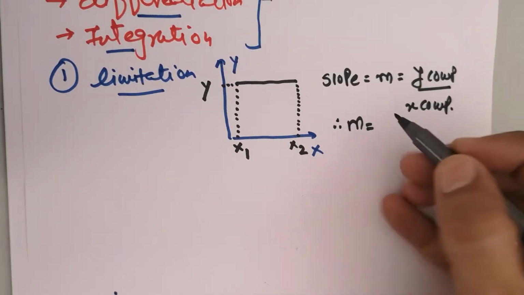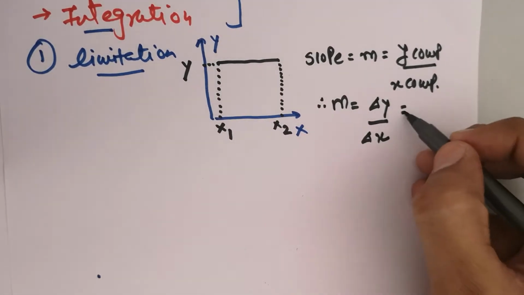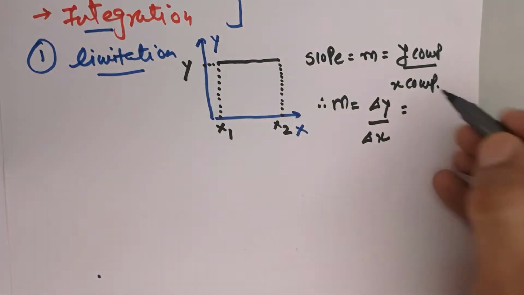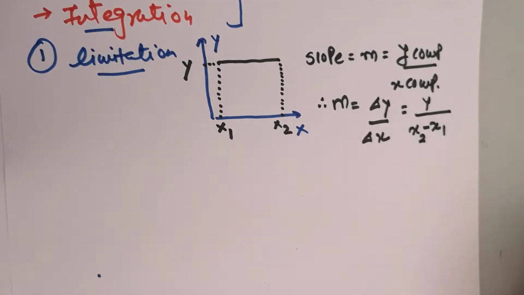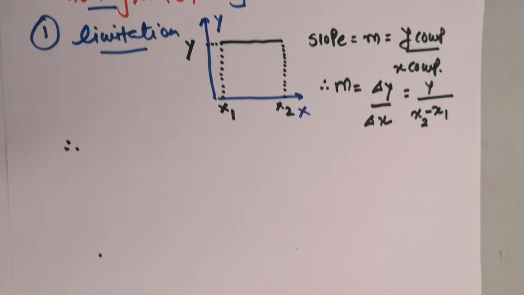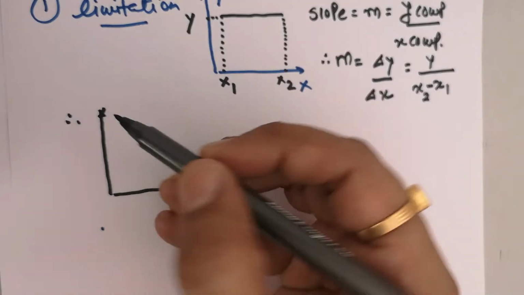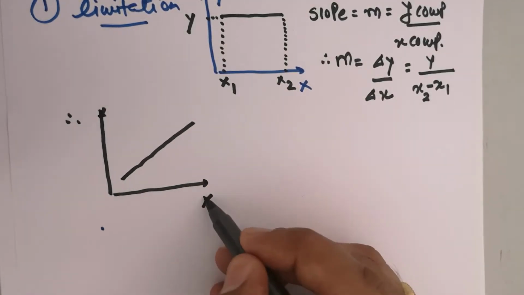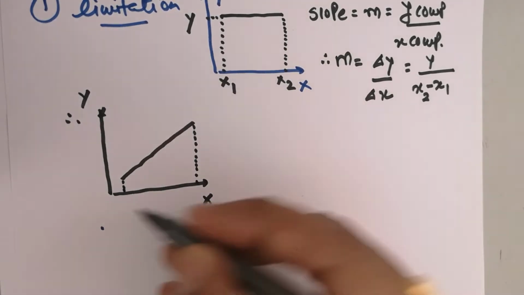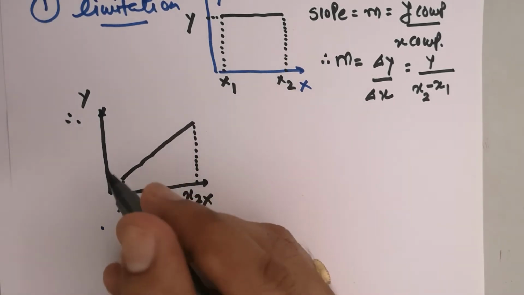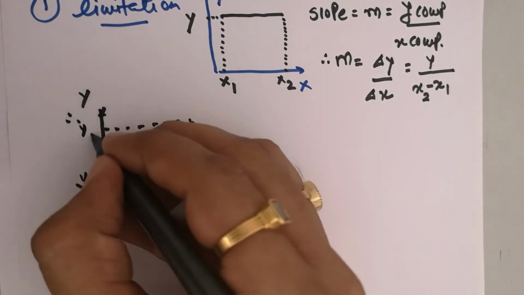So I can have m equals the y component, called delta y, and the x component, called delta x. On the y axis we have delta y, and on the x axis we have delta x, which is x2 minus x1. Same way, let's say I have a straight line located in two-dimensional geometry. I am drawing two perpendiculars, x1 and x2, and likewise y1 and y2.